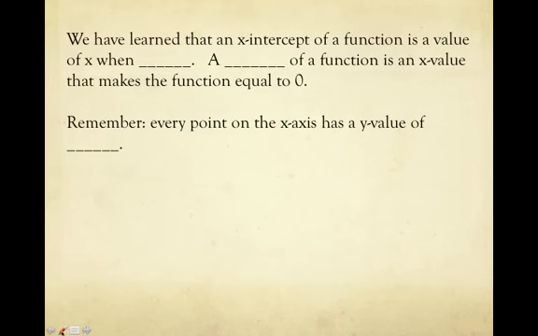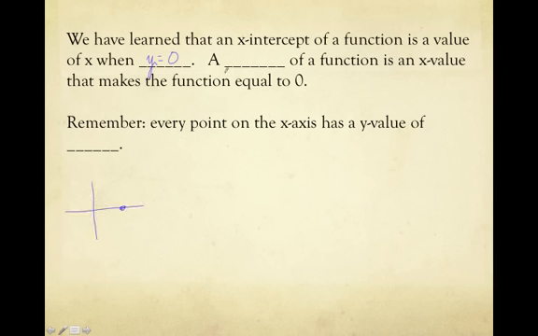All right, so we have learned that an x-intercept of a function is a value of x when y equals 0. Think about that. If I have an x-intercept on my graph somewhere over here, my y is equal to 0.